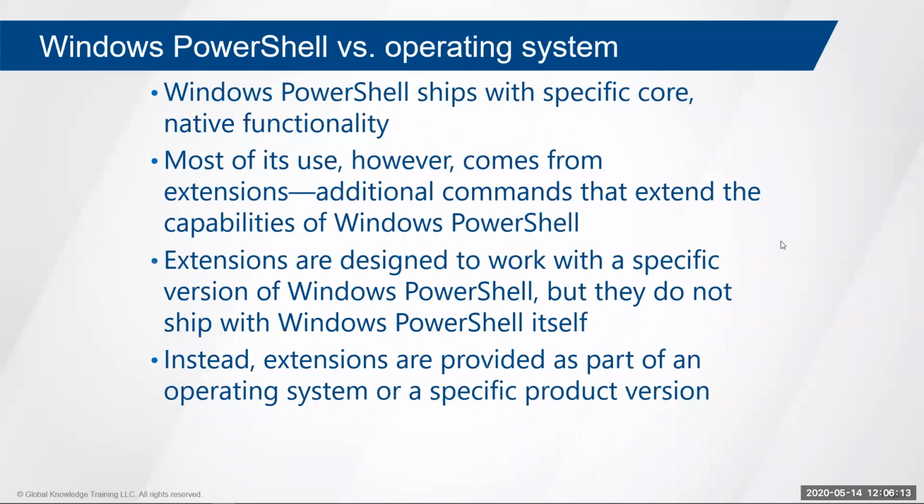You have so much control over how this information is retrieved. Now, it ships with core functionality, and ultimately you get the default cmdlets and what we call modules. Modules ultimately dictate the commands that we have available to us.